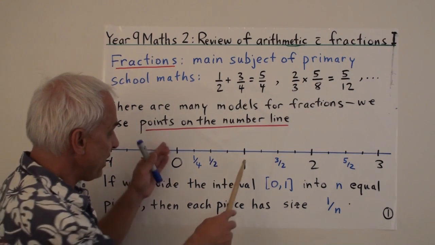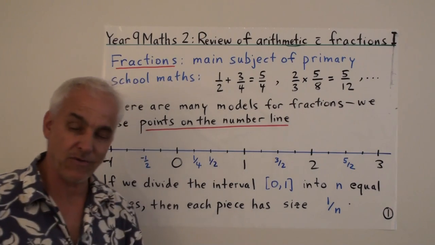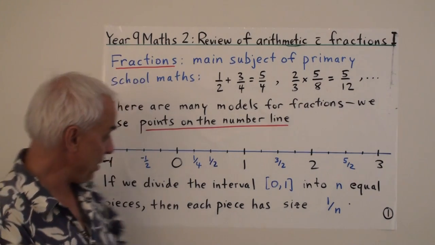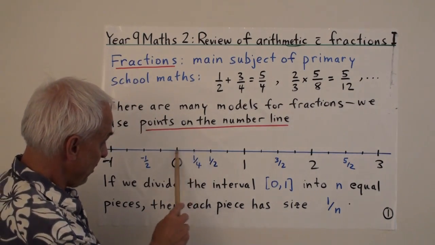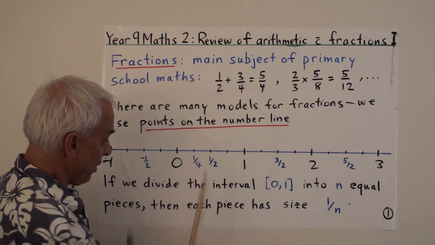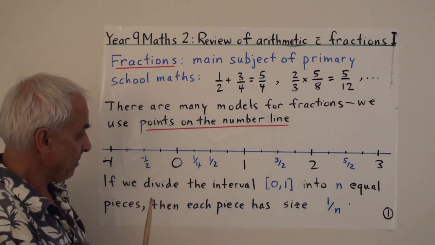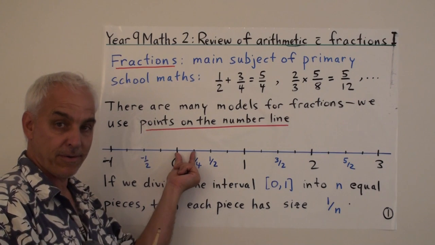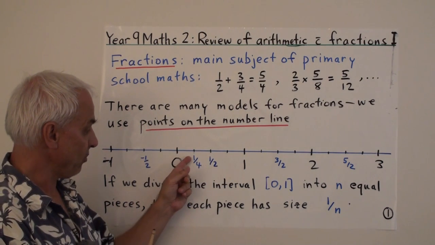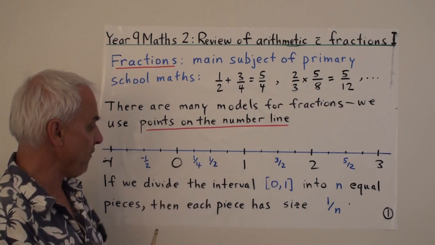If we had divided the original interval into 4 equal pieces, well, then you can see the 4 pieces here. 1, 2, 3, 4. So this marker here makes this thing 1/4 of the whole thing. We've divided 1 by 4.